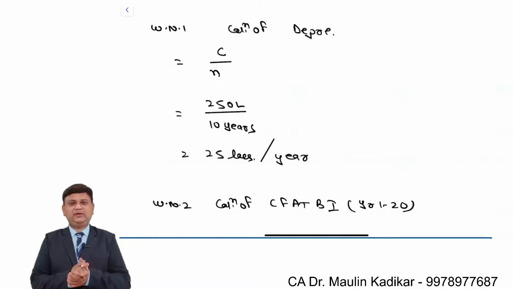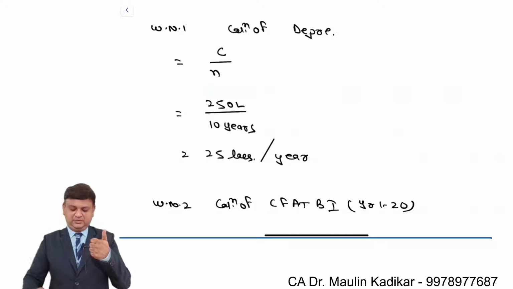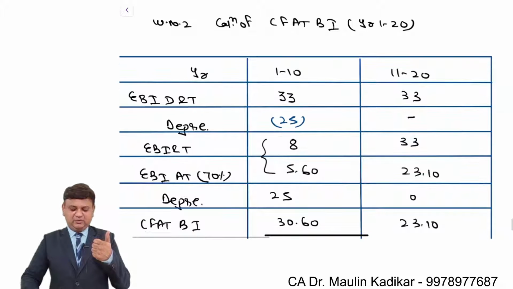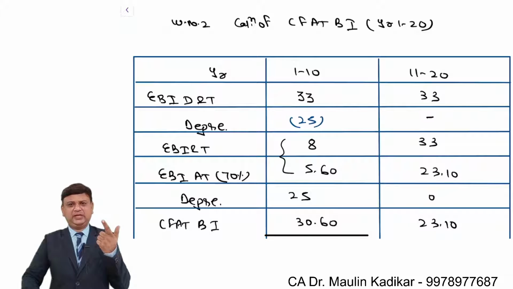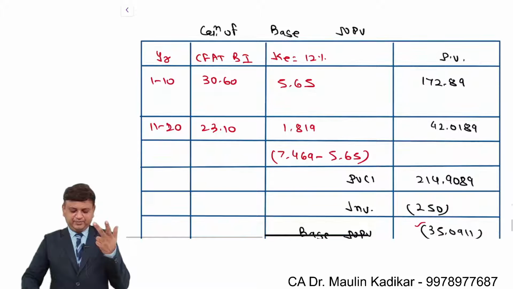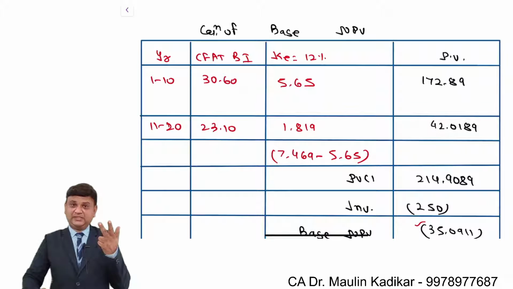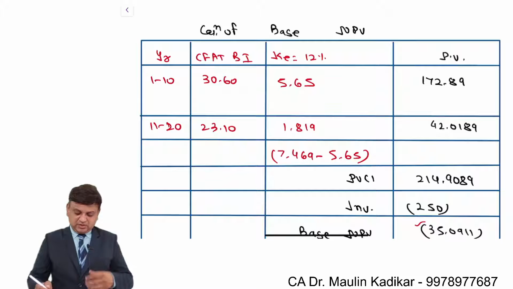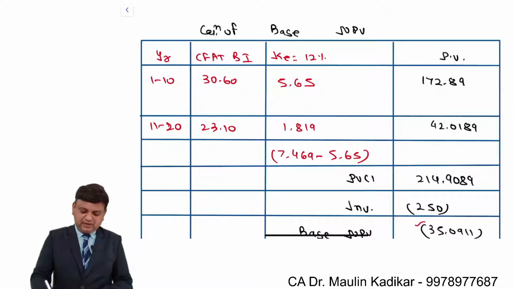So let us have a small revision of this absolutely new concept. Working note number 1 is the calculation of depreciation. The second working note is the usual cash flow. The third working is the calculation of the base NPV, in which the future cash flows are discounted with the cost of unlevered equity.